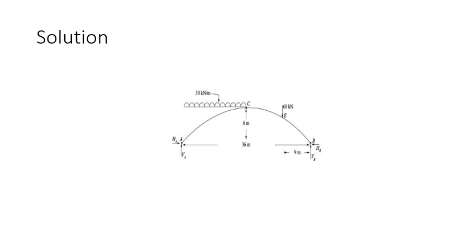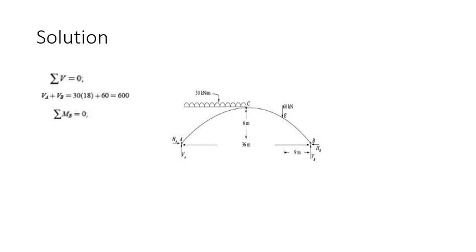So as usual, apply the conditions of equilibrium. Sigma V is equal to 0. So VA plus VB is equal to the total intensity of the UDL, that is 30 into 18 plus 60, half of 36 is 18. So you get it as 600. Next apply the condition sigma MB is equal to 0.